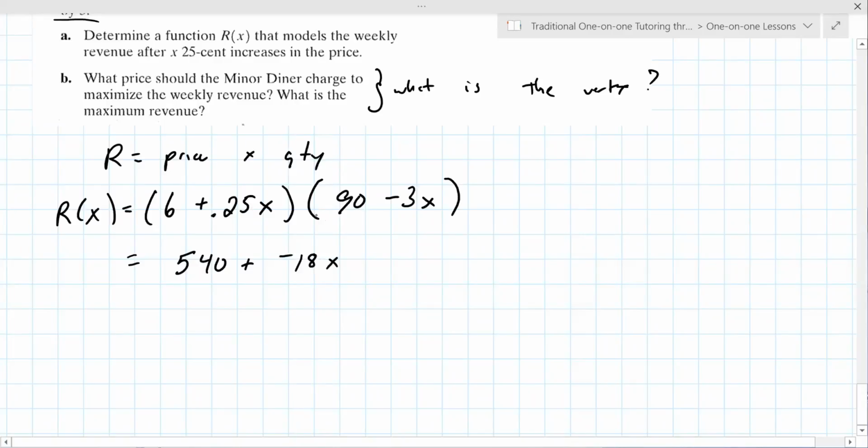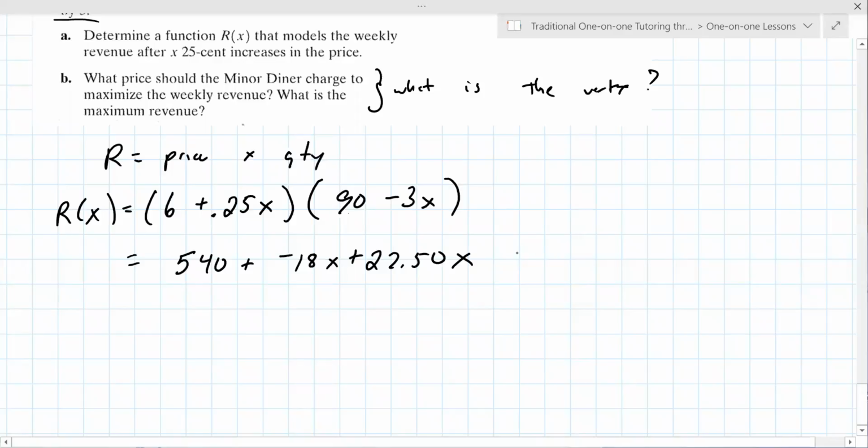Then 90 times 0.25, so that's a quarter of 90, so it's like 90 over 4, which is 22.5x. That seem right? I think so. Yeah, that looks right.